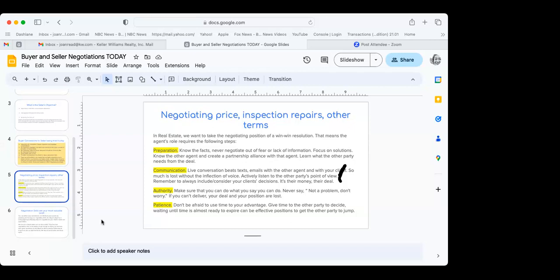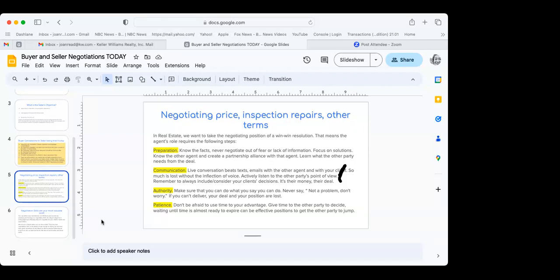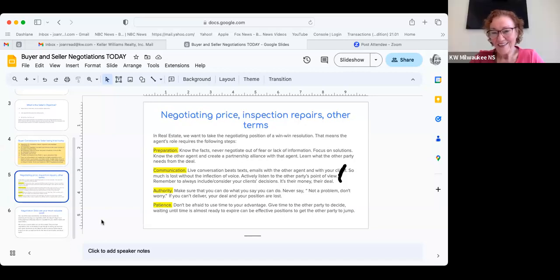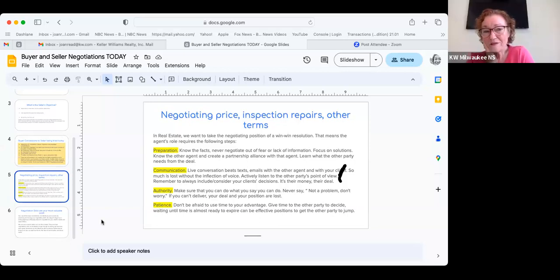That perhaps creates more urgency with your seller. So I agree with being patient, but sometimes you have a client that does not want to wait, and then your hands are kind of tied, you have to do what they want you to do. And that goes back to the first step of preparation.